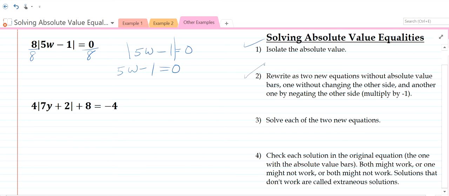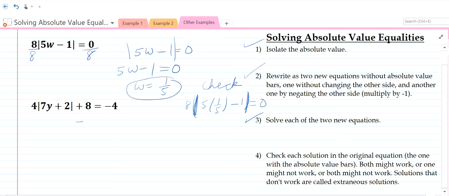So there won't be two equations. And you solve and you check, and when you check it'll work. You'll get 5 times 1/5 minus 1 absolute value, and it does equal 0, so you could box it up and you're done with that.